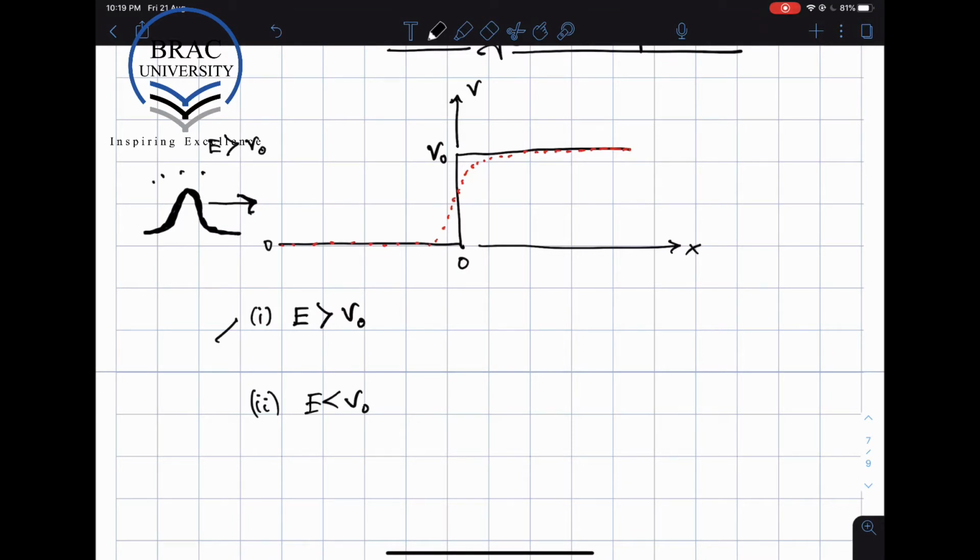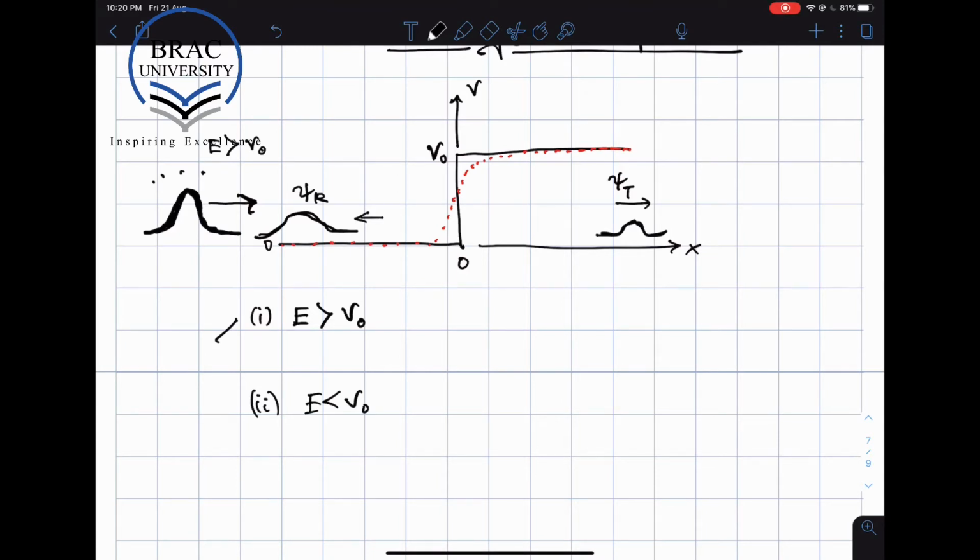And then what we expect is that after a while, because of the wave nature of quantum mechanics, after a long time, after the Gaussian has come and hit the potential barrier, there would be a reflected wave, something like this. This would be psi of r, and then there would be a transmitted wave which will go through, and this will be psi of t.